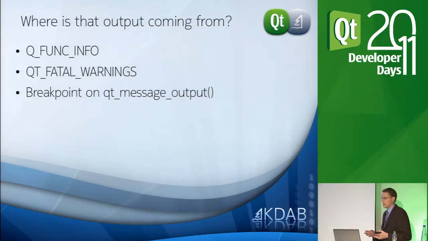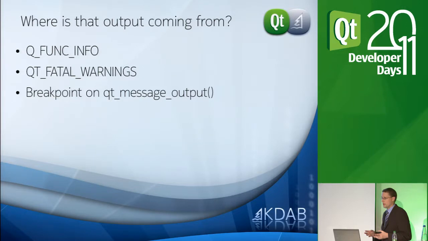But with all the debug output we add to our code, and the one that's already existing in Qt, you might run into debug output where you have no clue where it's coming from. It's informing you about some important error, but you don't actually know who added that or what it's for. So there are a number of tricks to find out where the debug output actually comes from.